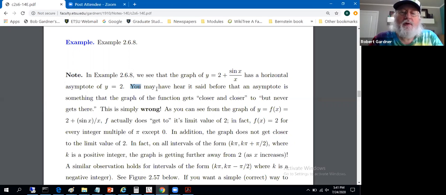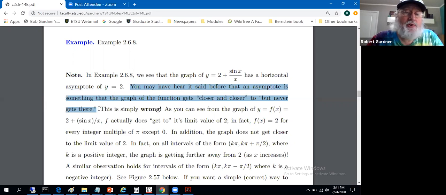You may have heard it said before that an asymptote is something a function gets closer and closer to, but it never gets there. I'm going to convince you that ain't the case, because we just saw a function that has an asymptote. This 2 plus sine x over x has a horizontal asymptote of y equals 2.